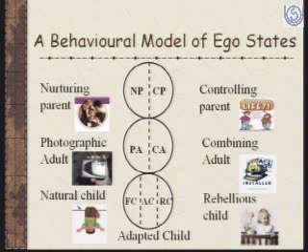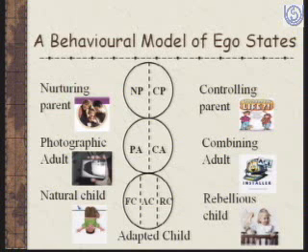Then there is a third one, the adapted child behavior, which we sometimes call the compliant child. So there are basically three behavior patterns we are able to see coming from the child ego state of any human being. Sometimes even four.